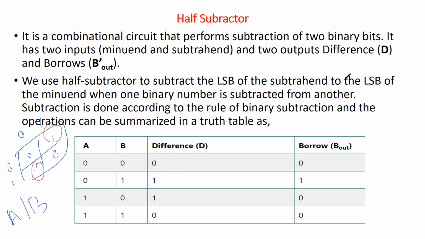So you get the function for D. Similarly for borrow, there is only one 1 present. At the 0, 1 combination I have 1, and the rest are all 0. Only this combination. So this is my borrow output, and this is my difference output. So write down that equation.